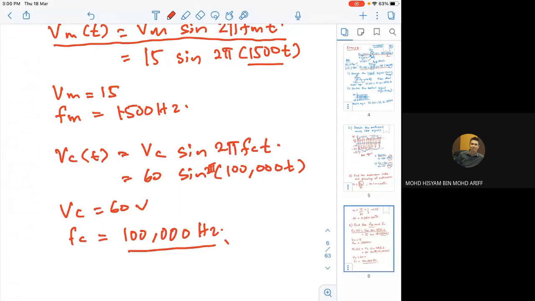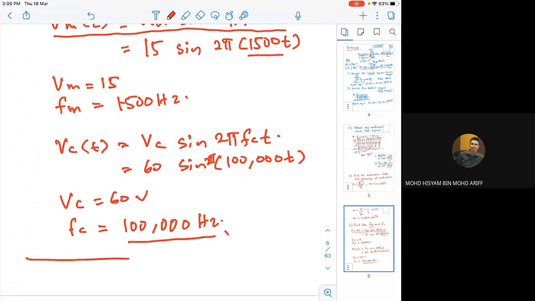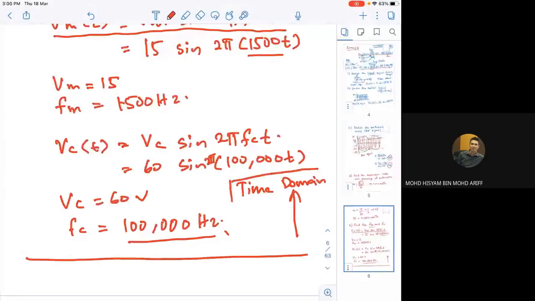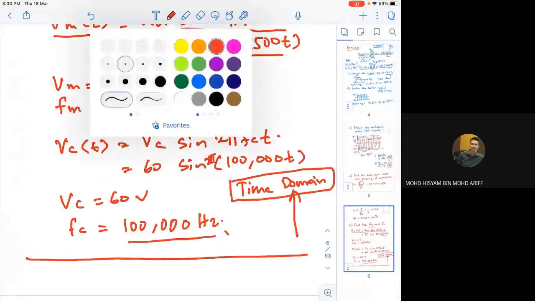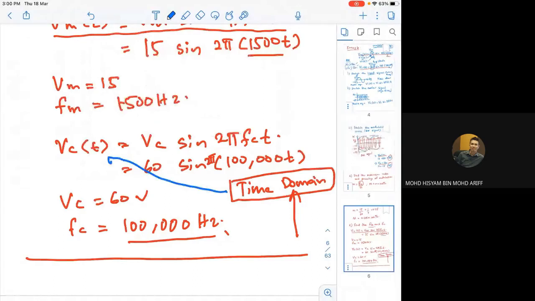Okay, this is the nice thing. The upper one, the analysis that we already did, we call it the time domain. How do you know? See here, this one shows time, and here also time.